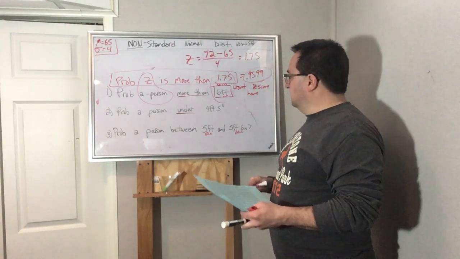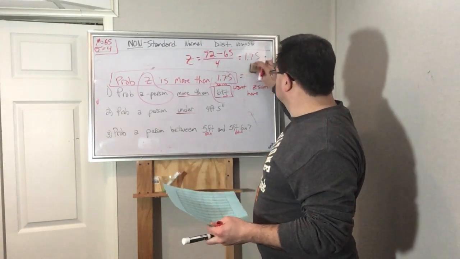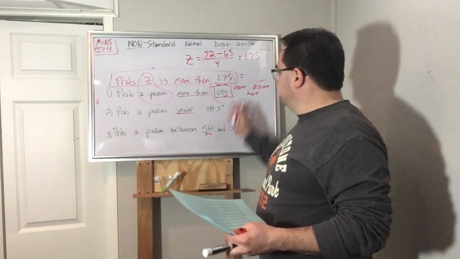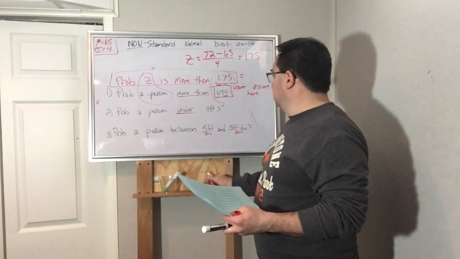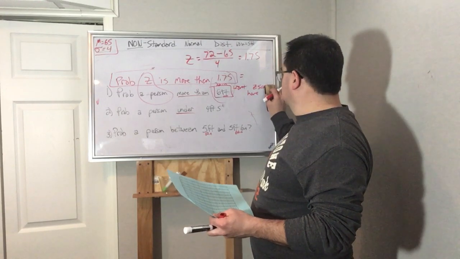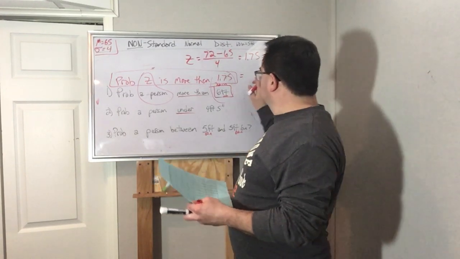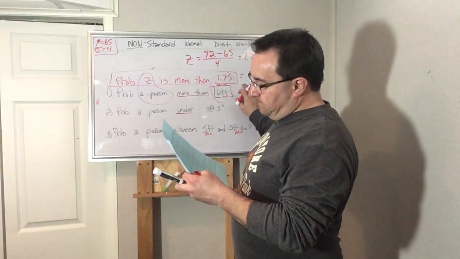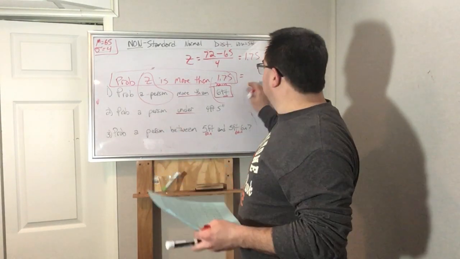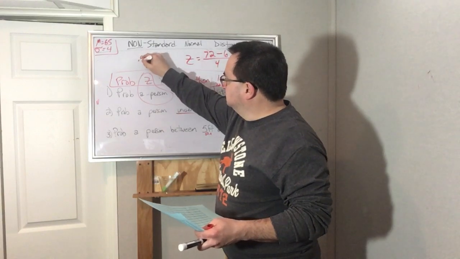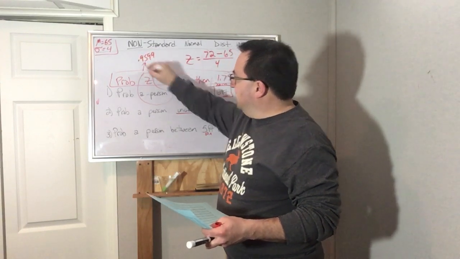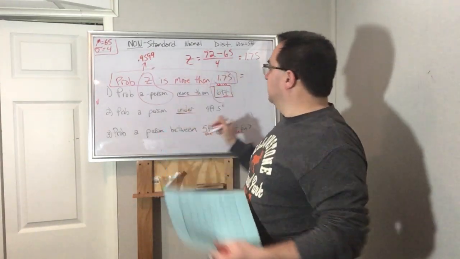So my table is telling me 0.9599. However, this is to the left, right?